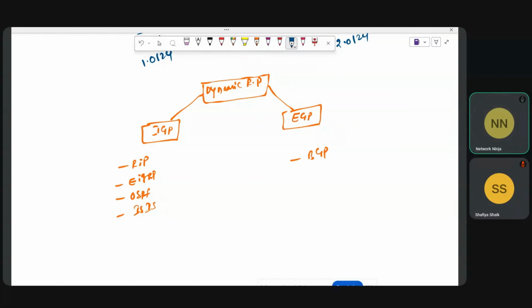As I discussed, dynamic routing protocols are divided into two types: IGP, interior gateway routing protocol, and EGP, exterior gateway routing protocol. In IGP, we have RIP, EIGRP, OSPF, and IS-IS. But in EGP, exterior gateway protocol, we have only BGP.